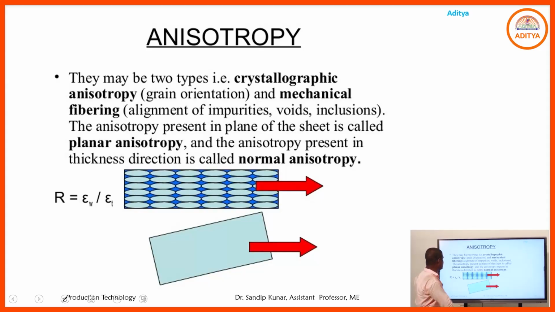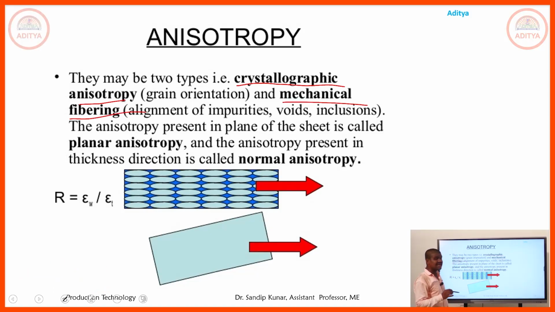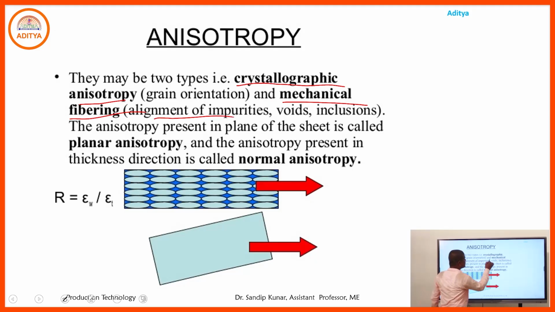Anisotropy. What is anisotropy? Generally there are two types. One is crystallographic anisotropy, where the grain orientation is shown. The other is mechanical fibering, which means alignment of the impurities, voids and inclusions present in the material.